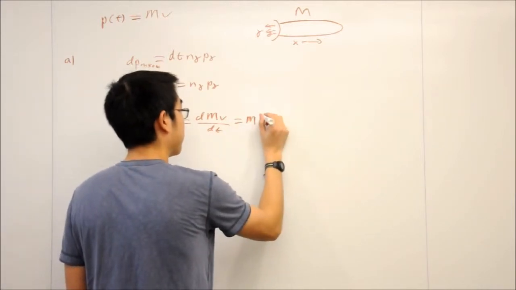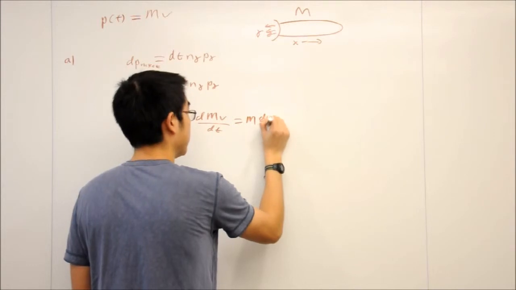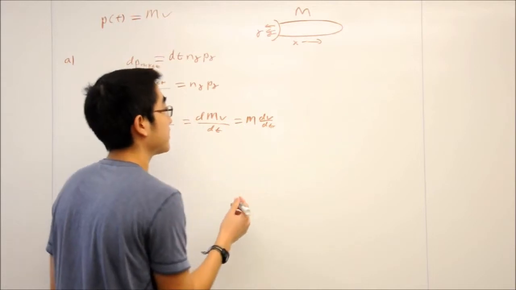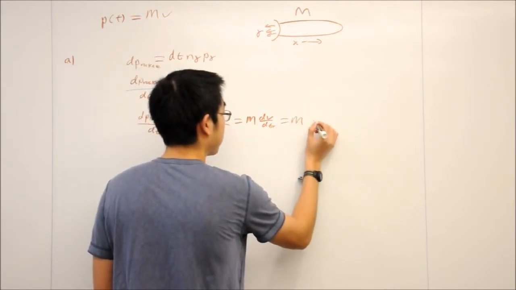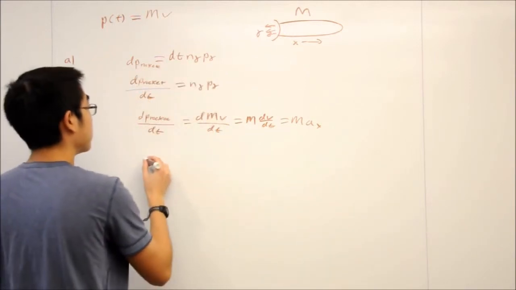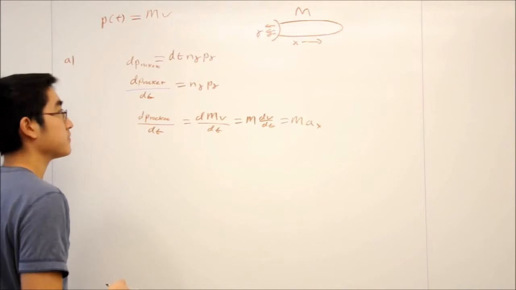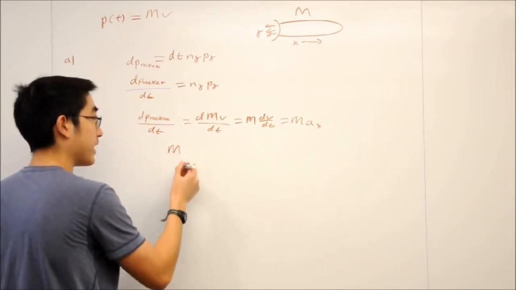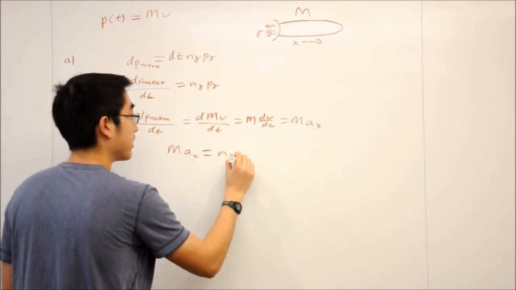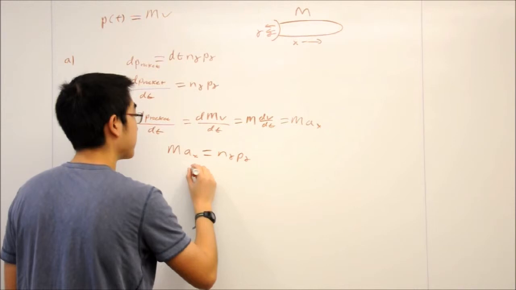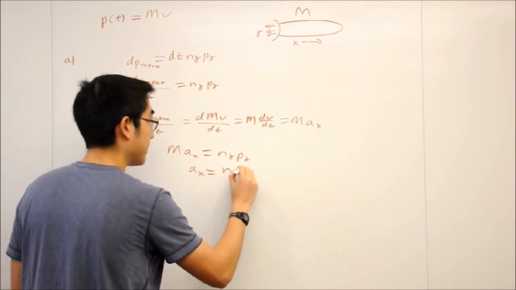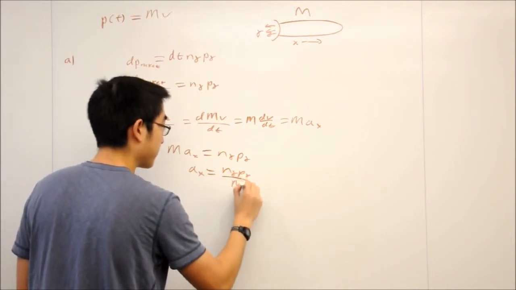So now we have big M times dv over dt, and notice that dv over dt is just the acceleration of the rocket in the x direction. So that's equal to big M times a of x. Now we can equate these two equations to get that big M times a of x is equal to n lambda times p lambda. So the acceleration of the rocket in the x direction is equal to n lambda p lambda all over big M.